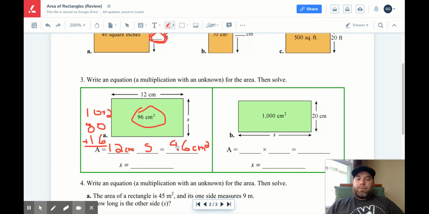That's 96. Okay, so I figured it out. My S is actually 8. All right, so you can do it this way. You can break apart the number and use some estimation and do some trial and error. I'm okay with you guys using calculators as well. Just practice writing these equations.